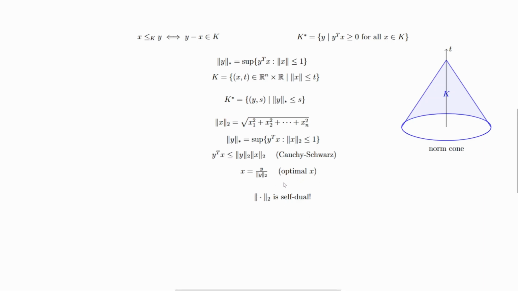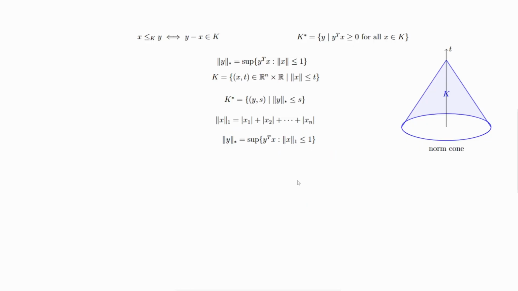So what this means is that the L2 norm is self-dual. So this also means that the L2 norm cone is also self-dual as well. So this is why the ice cream cone is self-dual. Okay, so that's L2. Let's look at L1 next.